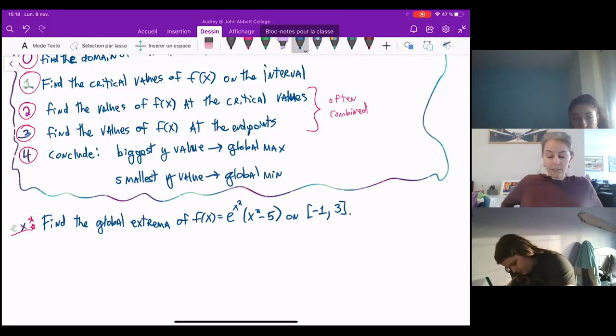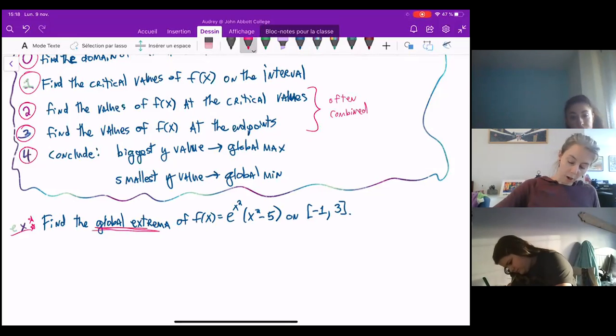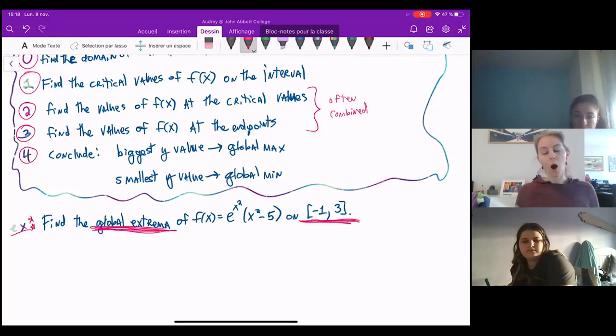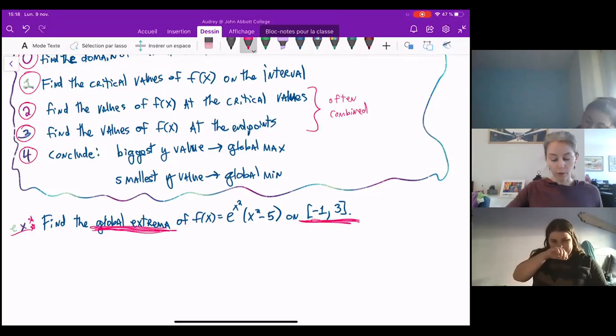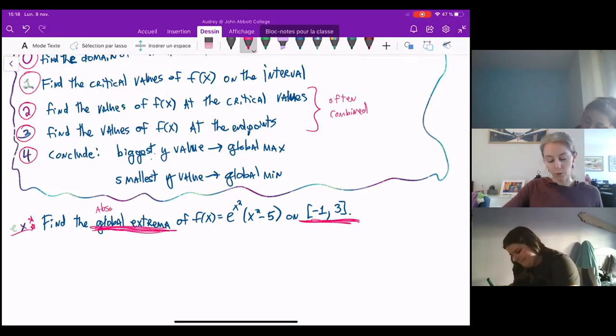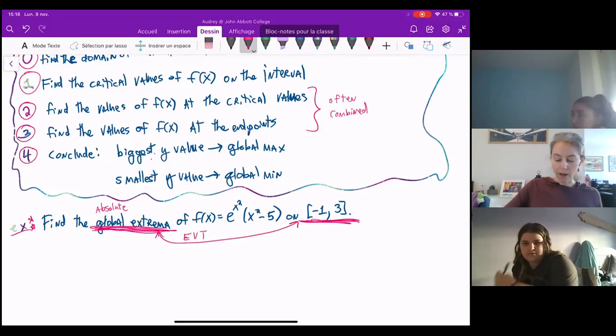And so for our step 0, well, actually before we talk about the steps, the clues in this problem that we should be using the extreme value theorem are the fact that 1, we're asked for global extrema. This could also be absolute extrema. And 2, the fact that we're given a closed interval. These two things are big clues that I should be using the extreme value theorem.